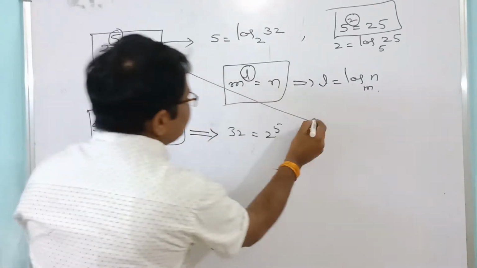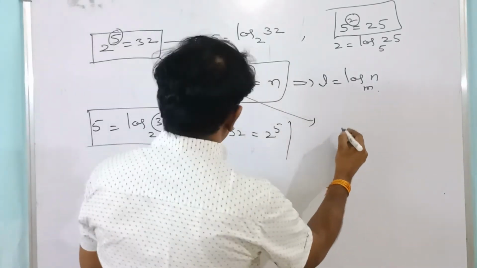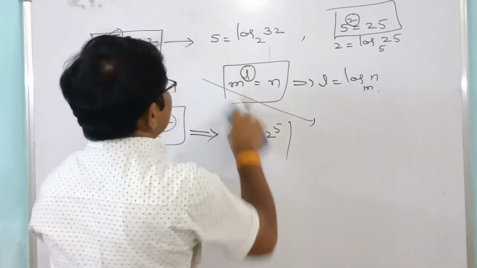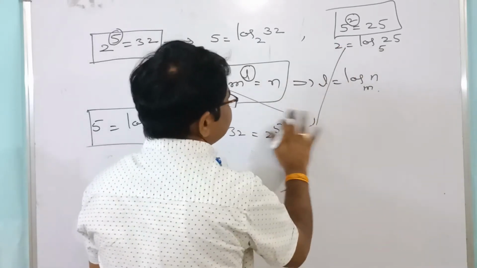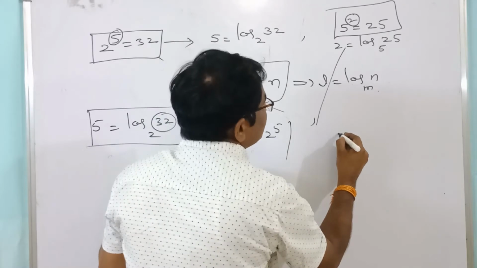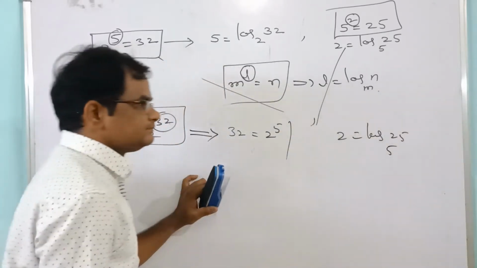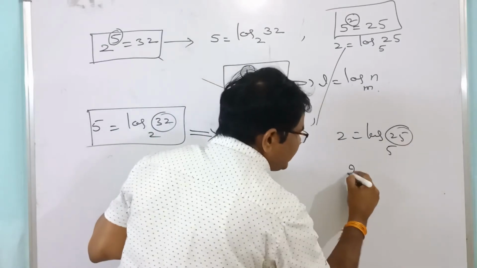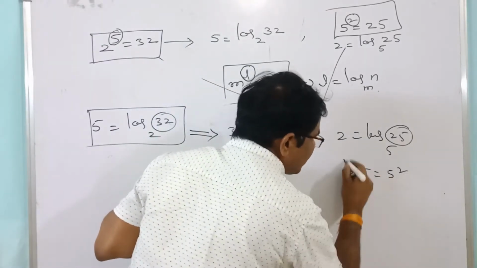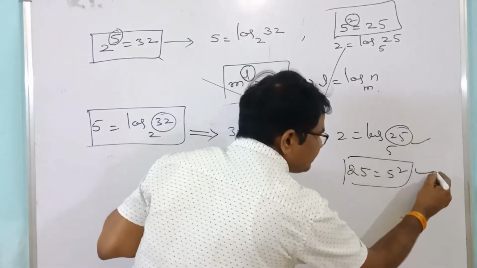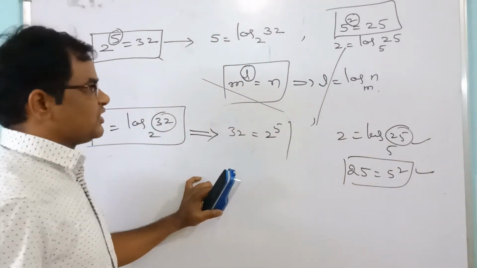Suppose this one, 2 equal to log of 25 to the base 5. Now how to write this 25? 5 to the power of 2. This is logarithmic form, this is exponential form.